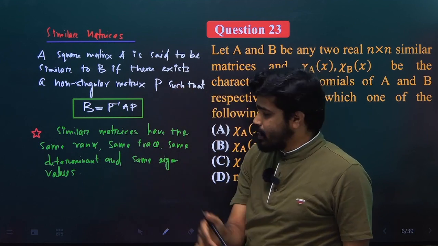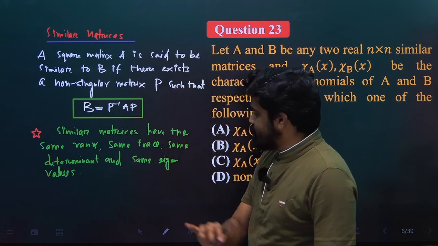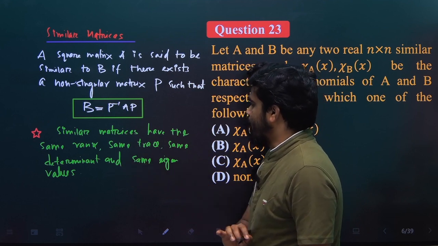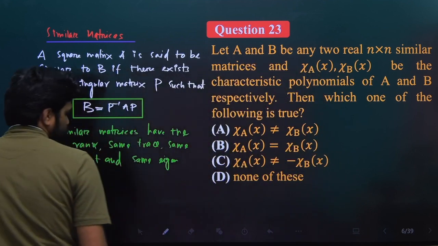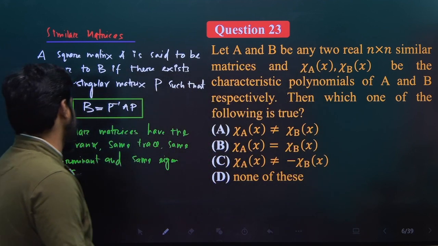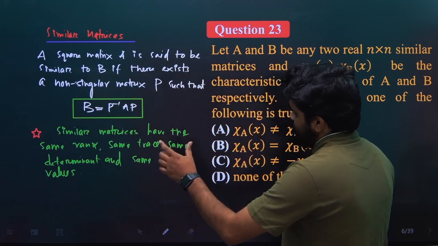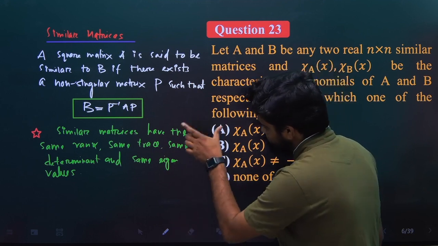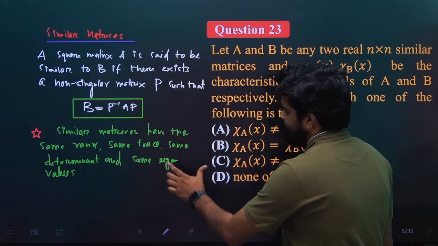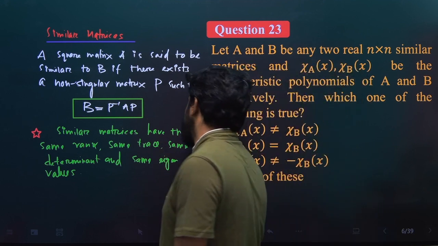Trace means sum of the diagonal elements. Okay, so it is a very, very important property. Similar matrices have the same rank, same trace, same determinant and same eigenvalues.